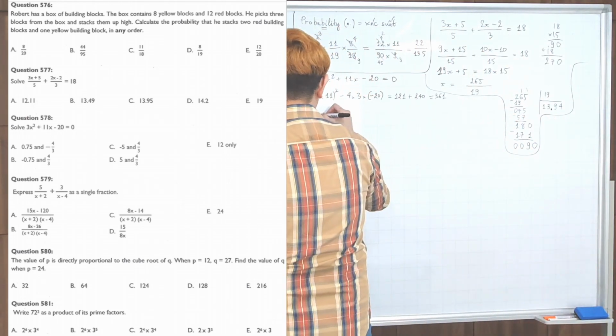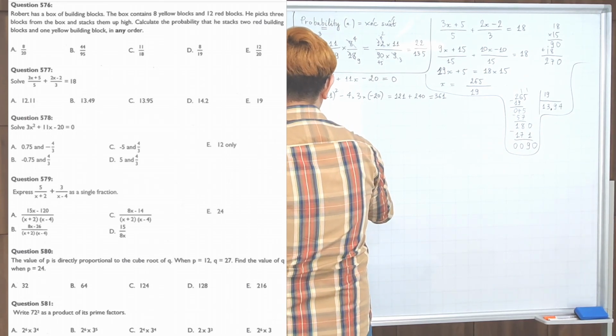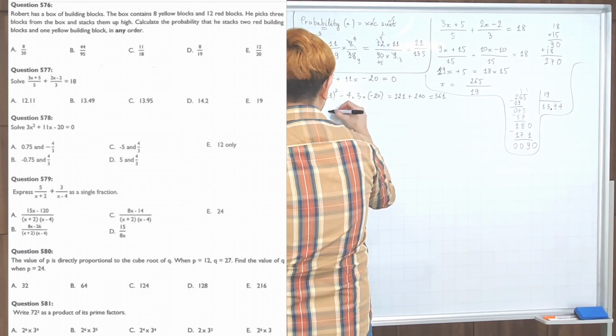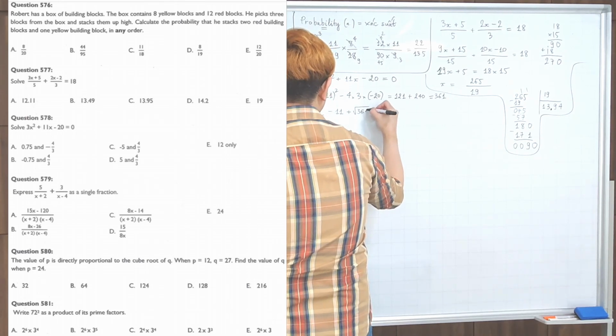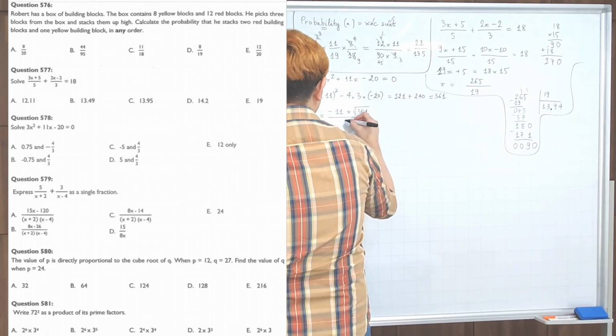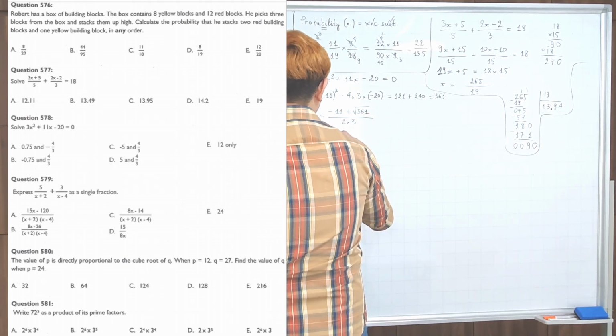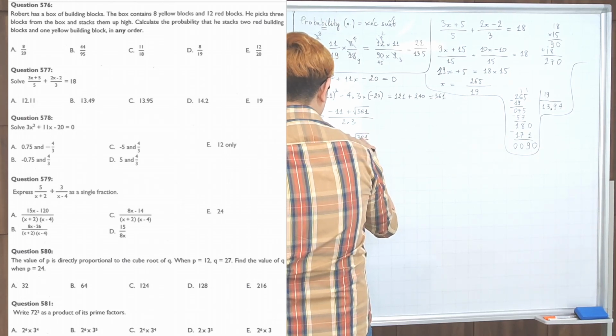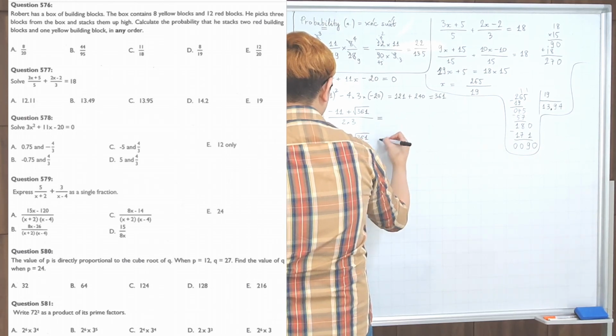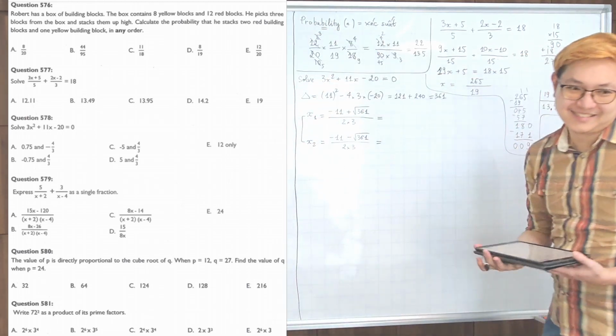Okay, the first x1, x2 equal to minus b, which is minus 11, plus square root of 361, here I add, divided by 2 times 3. The second one is minus 11 minus the square root of 361 divided by 2 times 3. Okay, you should get it.